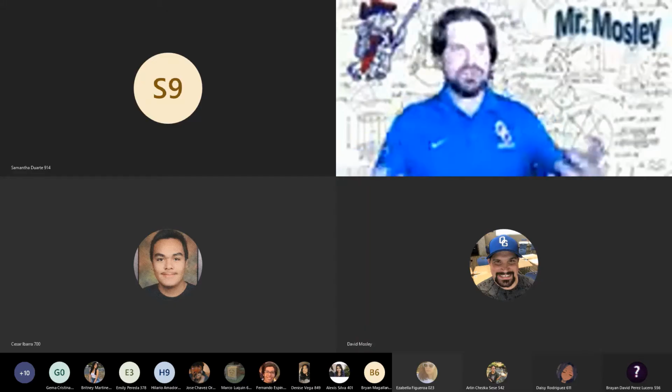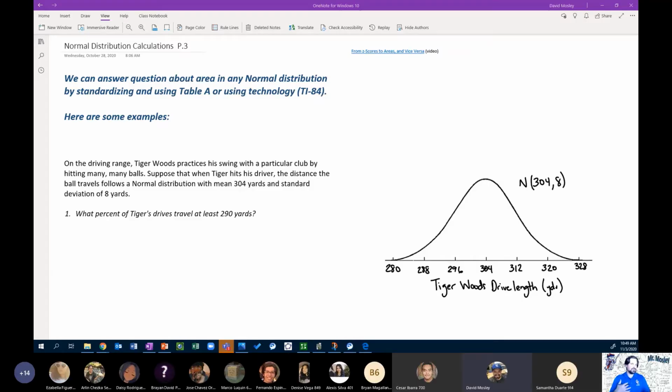So the idea for today, this first part of the lesson, I'm going to do some more examples about going from a value to a proportion under the curve, and also going from a proportion under the curve back to a value.